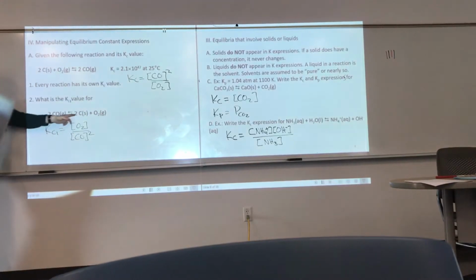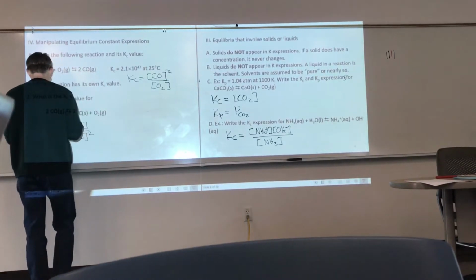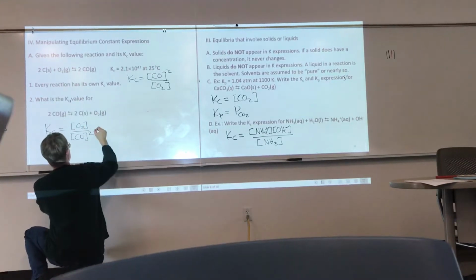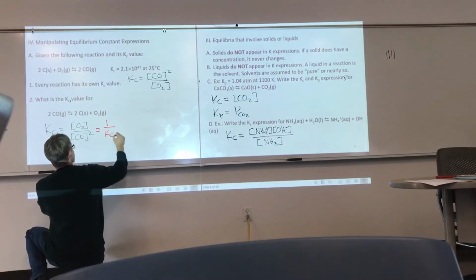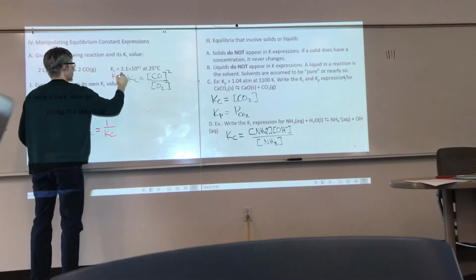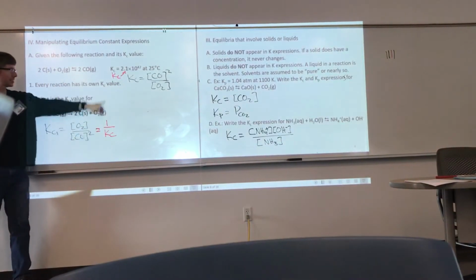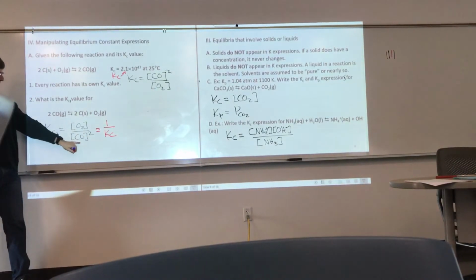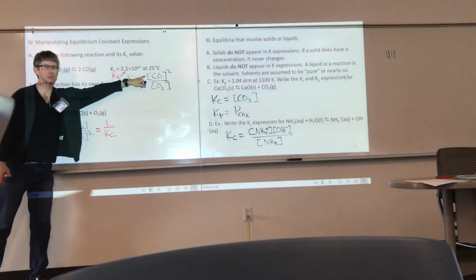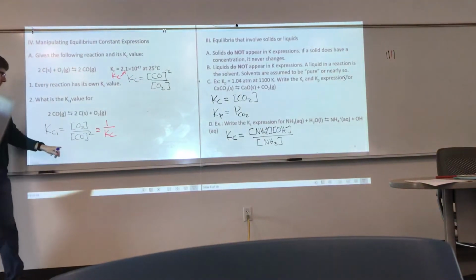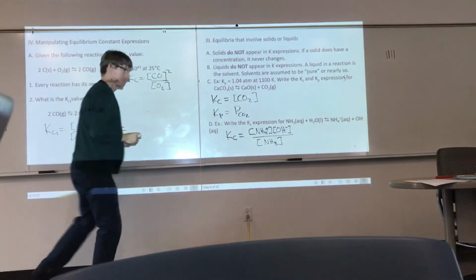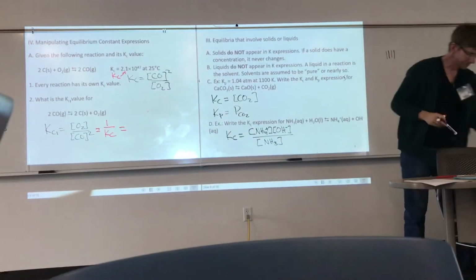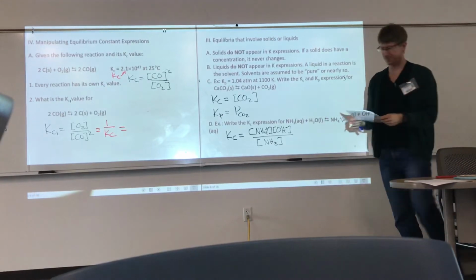So, when I flip my reactants and products, I take the reciprocal of my Kc expression, and where I've noted these in red just to be clear what my Kc is. So my carbon monoxide is now in the denominator. It was in the numerator. I have to look this value up.